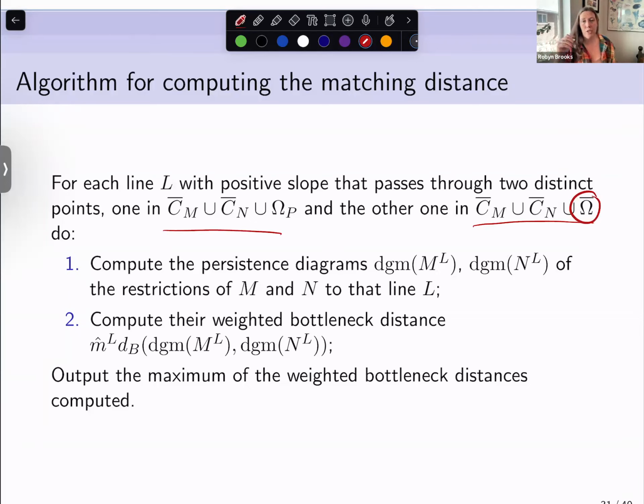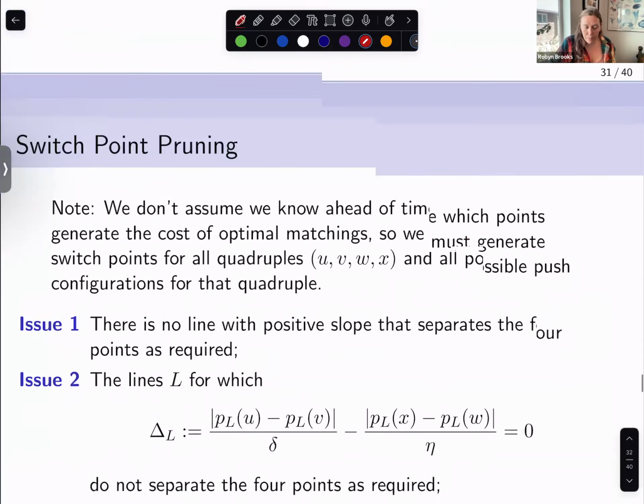So you need to check all lines through critical values with a specific slope. Once we have a line, we compute the diagrams, then we compute the weighted bottleneck distance, and since we have a finite set of lines, we just output the maximum. Great, cool. So back to step 3.